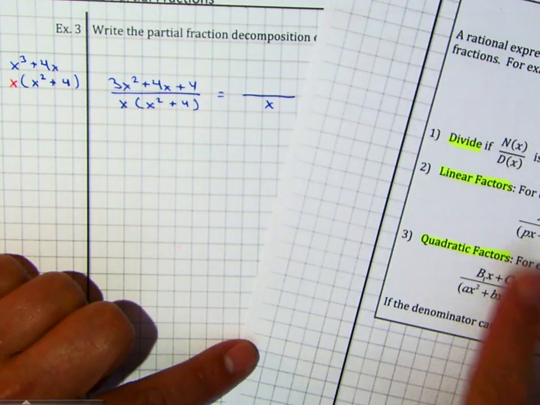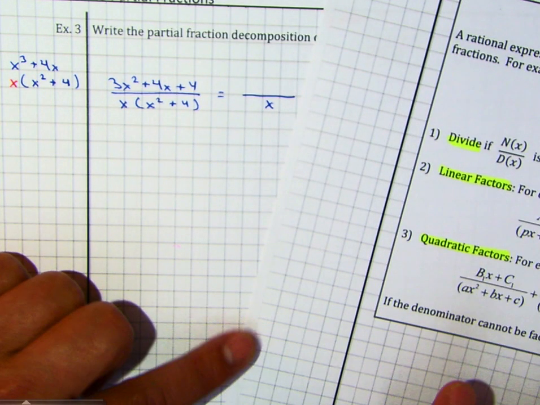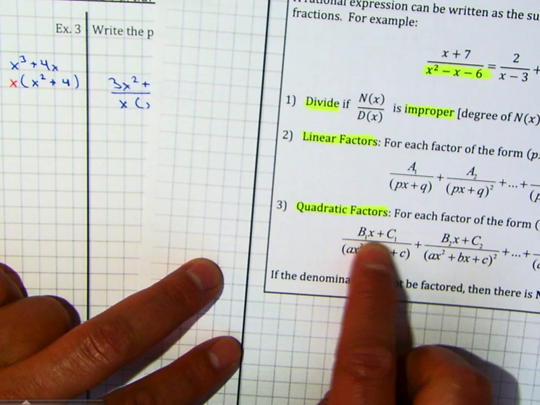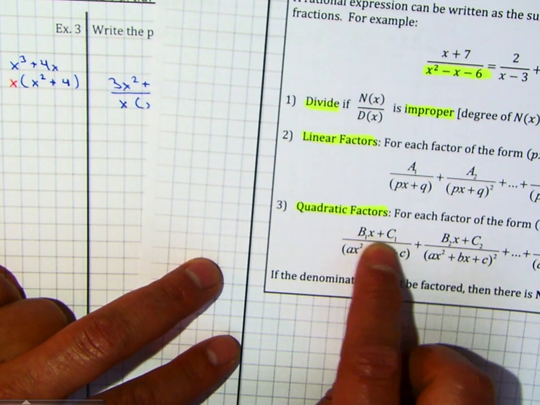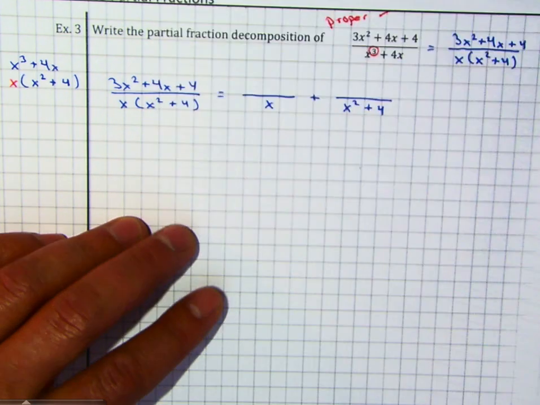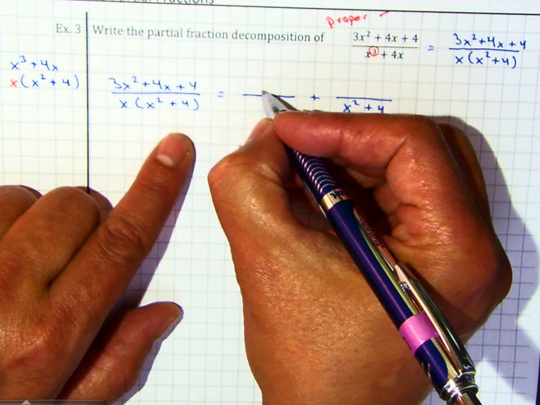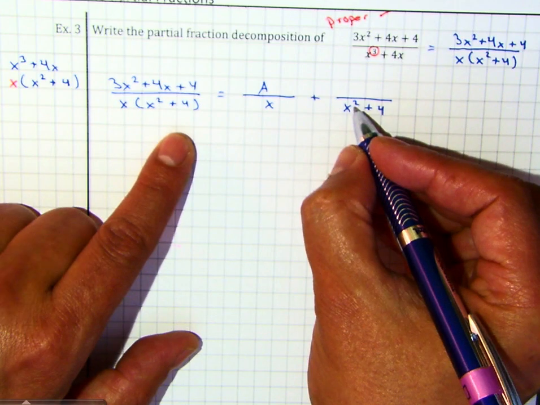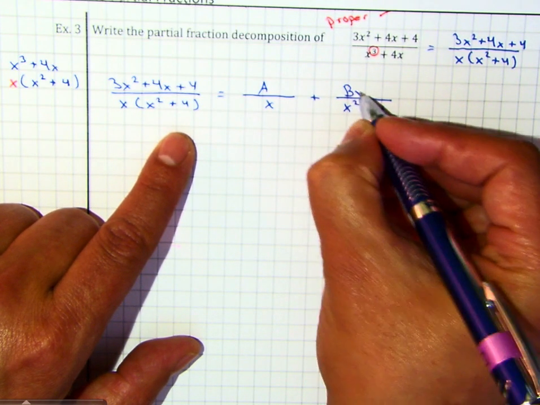So therefore, when it's a linear factor, you just have a. Whenever it's a quadratic factor, you have bx plus c. Or you just have two letters, either a, b, or b, c, and so on. In this case, we're going to use the first letter, a, for the first one. This is a quadratic factor, so this will be bx plus c.